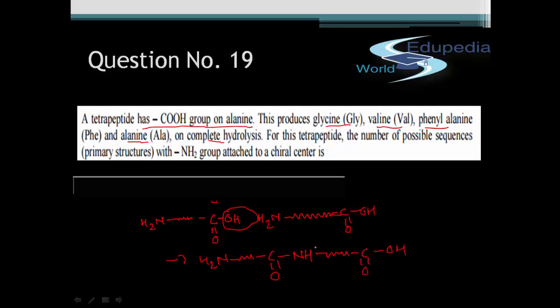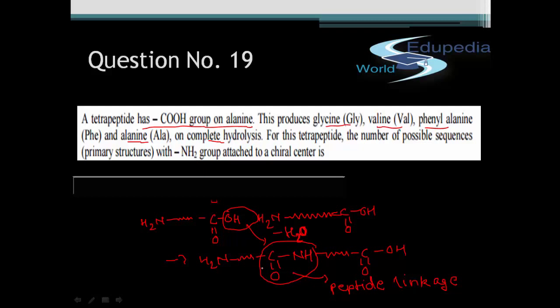This C double bond O, NH linkage is called your peptide linkage. This is what a peptide linkage means, when two amino acids join together by the mechanism of H2O removal, that is, dehydration.